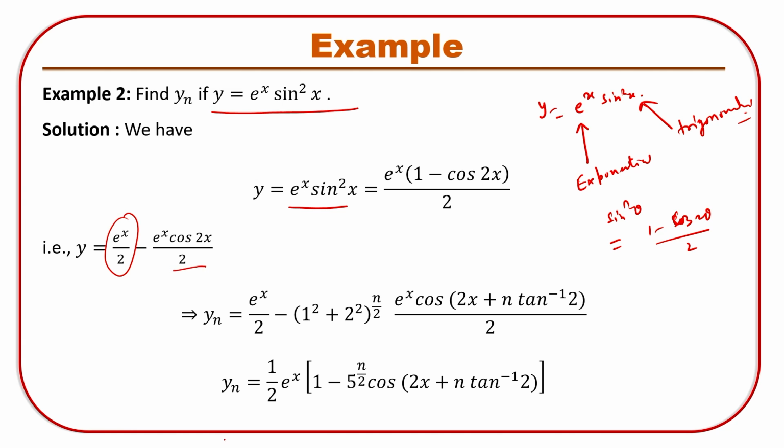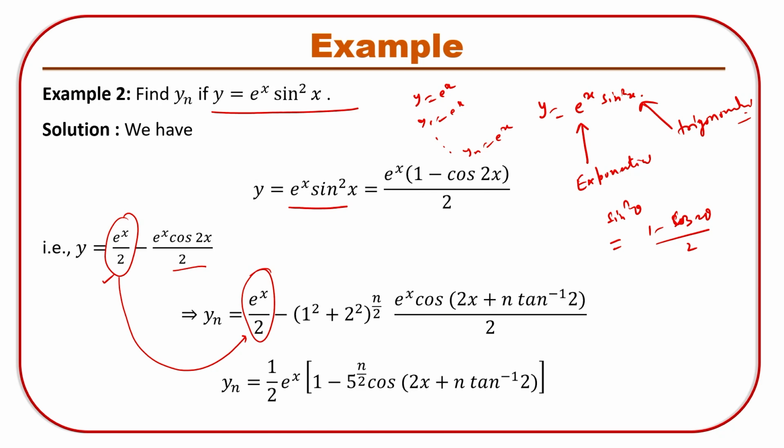So, we knew the nth derivative of such functions. We had derived the nth derivative of e^x, and 1/2 is the constant one. So, for y = e^x, the nth derivative is the same, right. So, y_n = e^x. So, the nth derivative of the first term is the same one, e^x/2.